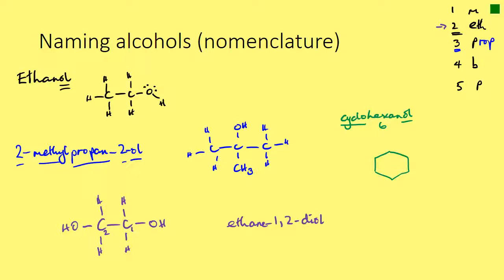And in this case, we don't need a number because the hydroxyl group can come off any of the carbons. It's all the same. But if we had other groups, then this would be carbon 1. Forgive me for not writing out all the hydrogens and the carbons. Let's leave the structure like this just to save a little time. So there you have it. There's cyclohexanol.